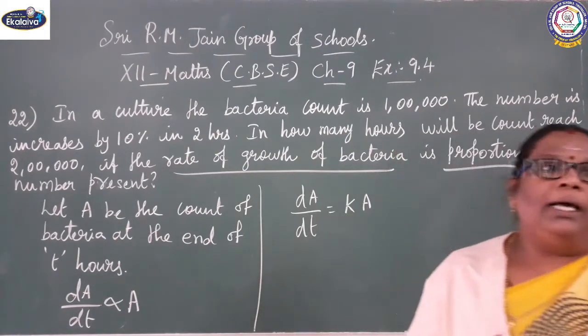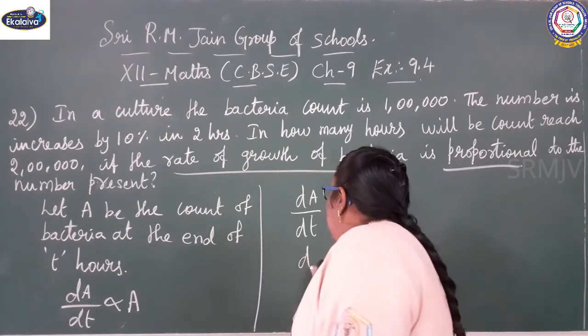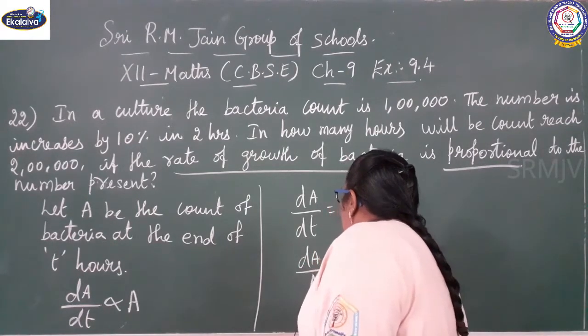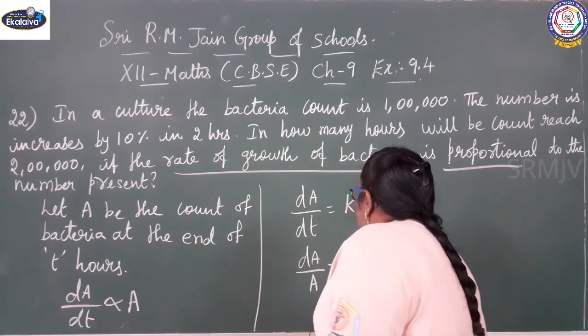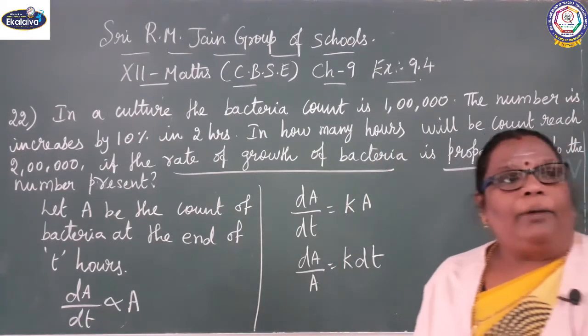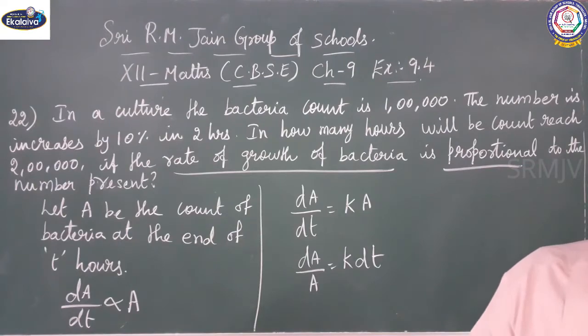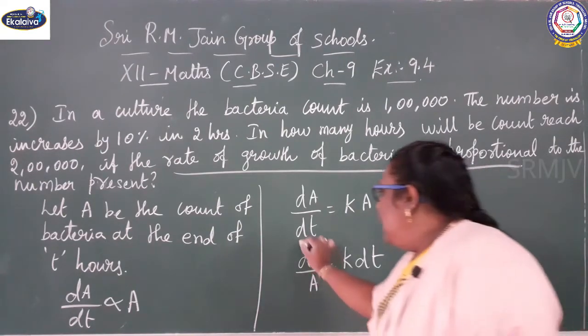So, variable separable method. dA by A equal to K into dt.